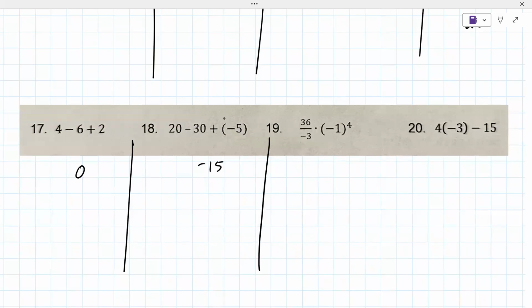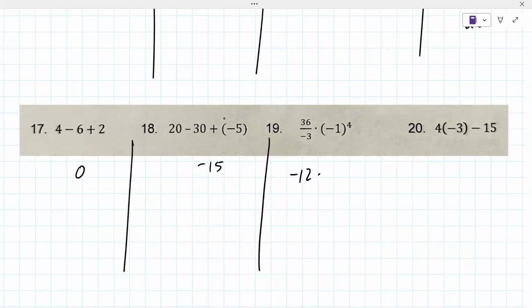This one, let's see. So that's division. So that's negative 36. Becomes negative 12.